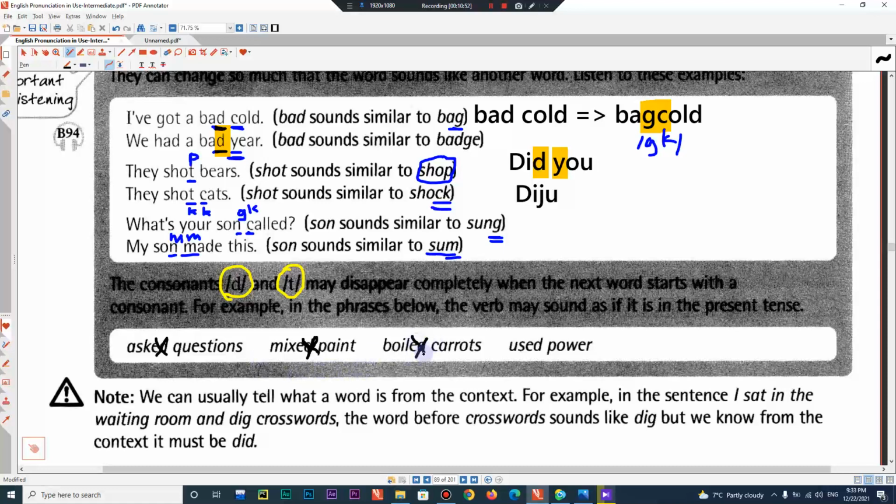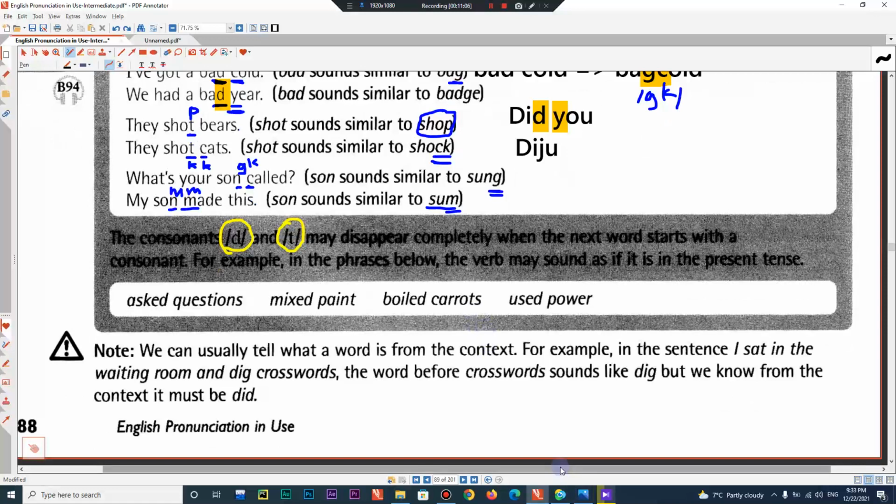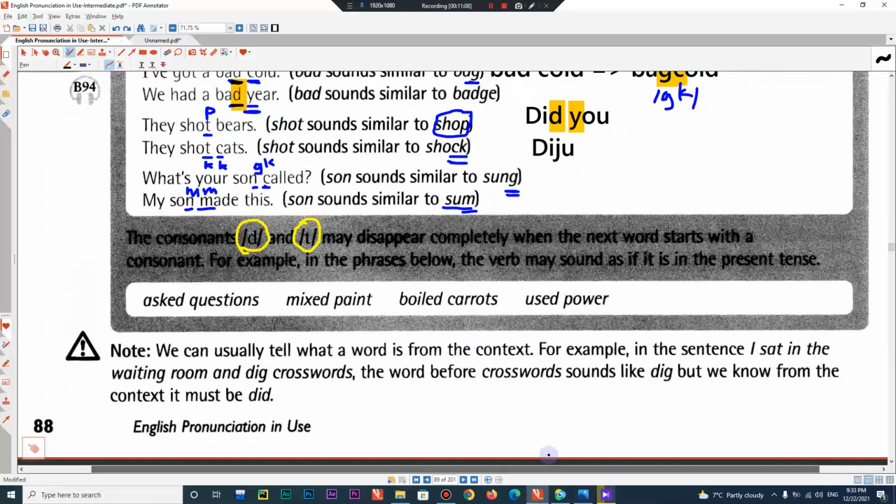So you can get rid of the d sound or the t sound if it's really hard. But again, you can still use it and nothing happens and there's no problem. This is just what the listening is, what the book is teaching you, so you understand some native speakers when they drop certain consonants to pronounce words more easily. So let's go to notes.